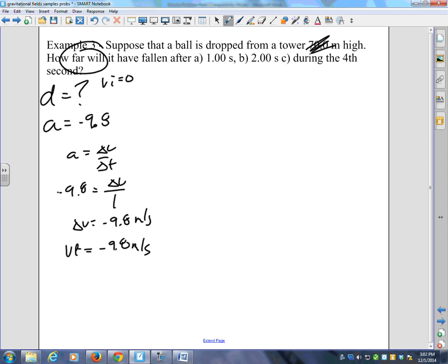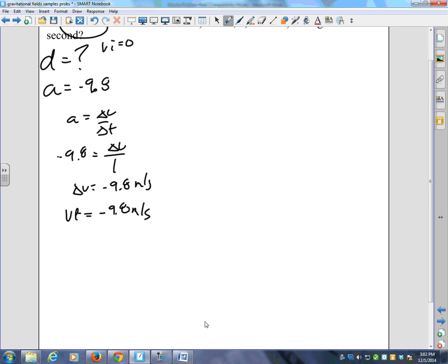But we want to know how far. The formula that has how far in it, the one with the D in it, has what V in it? V bar.